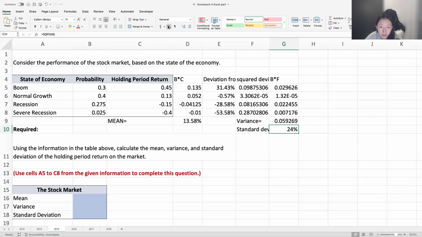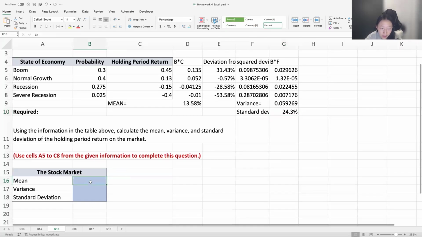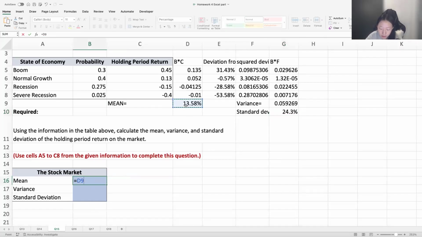I'm going to use percentage points. So therefore, mean equals this, variance equals this, and standard deviation equals this. Complete.